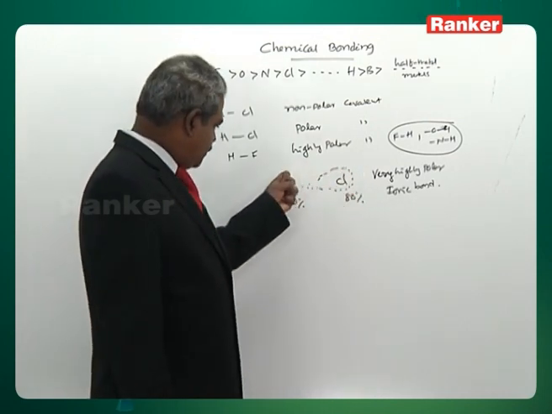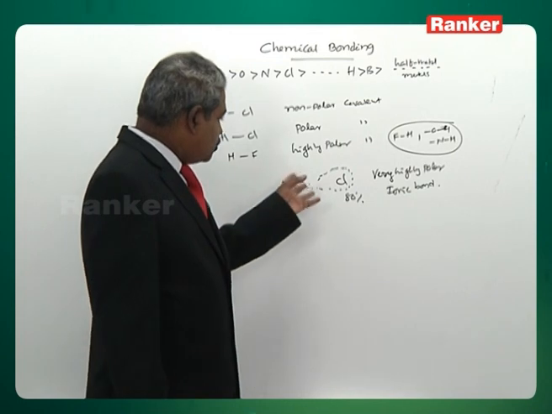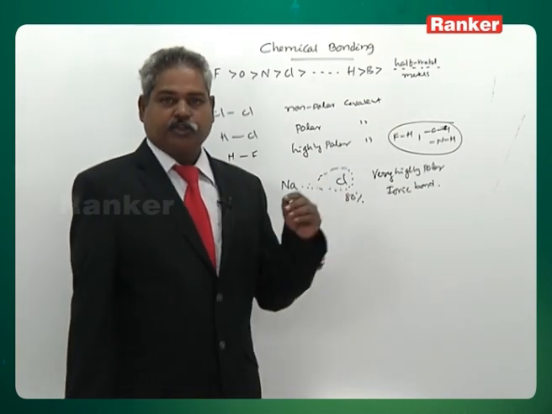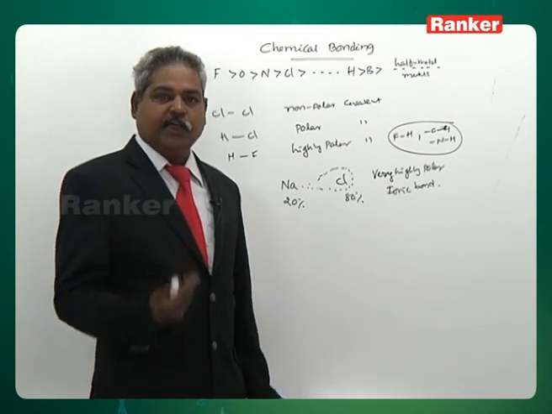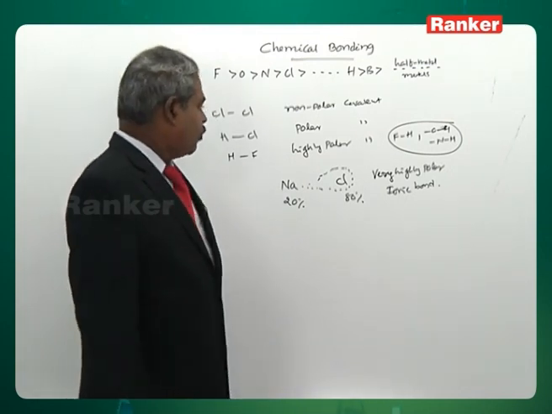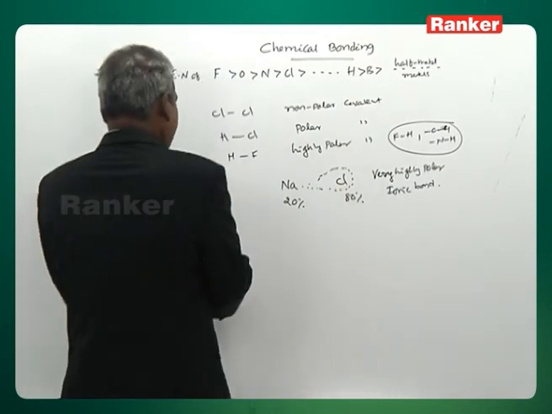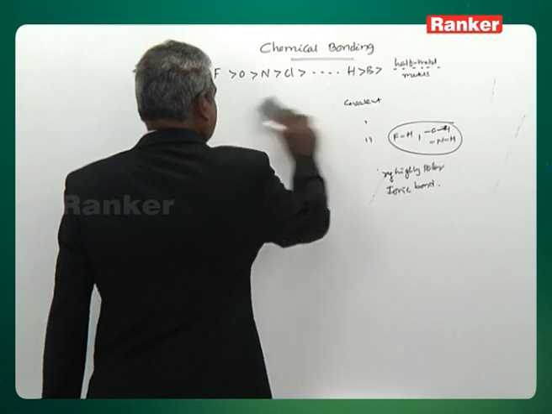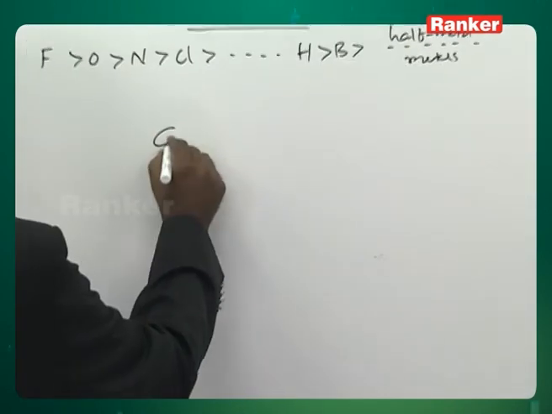Some of the charge will still be attracted towards this Na plus also. Depending on the percentage of charge transfer, you can decide whether something is highly ionic, highly covalent, or highly polar. Okay, this is it. So, classification: covalent bonds are 4 types. Covalent bonds.